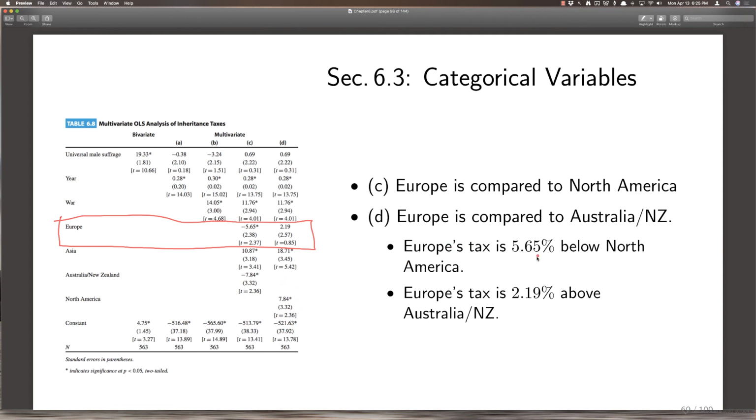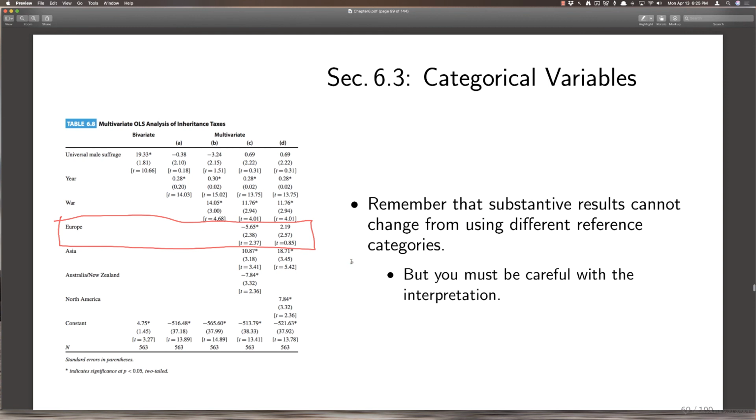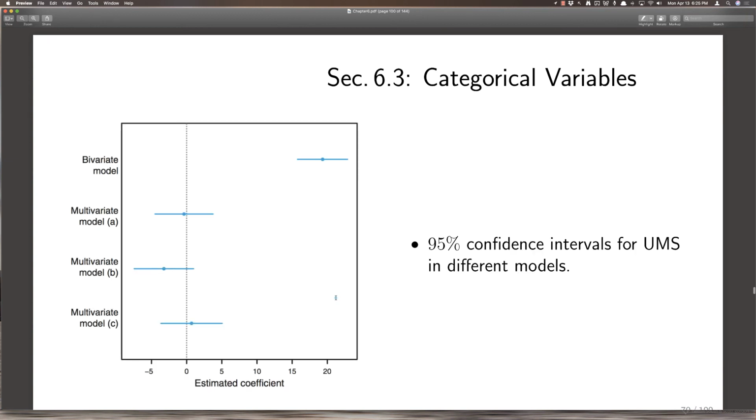So Europe's tax is 5.65% below North America's in this regression. Remember, substantive results don't change according to which category you drop when you have one of these categorical variables in your regression and you're including all but one baseline category. You just have to be careful with interpretation.